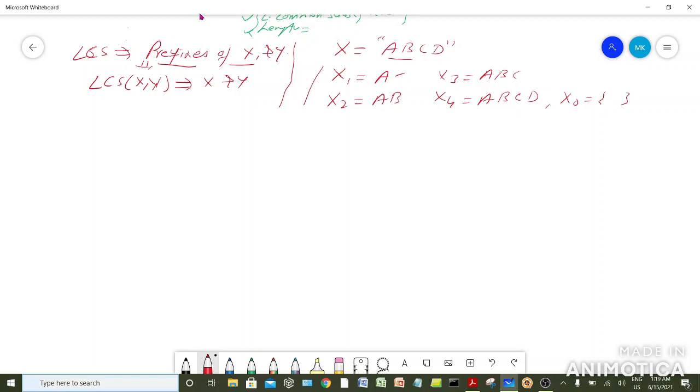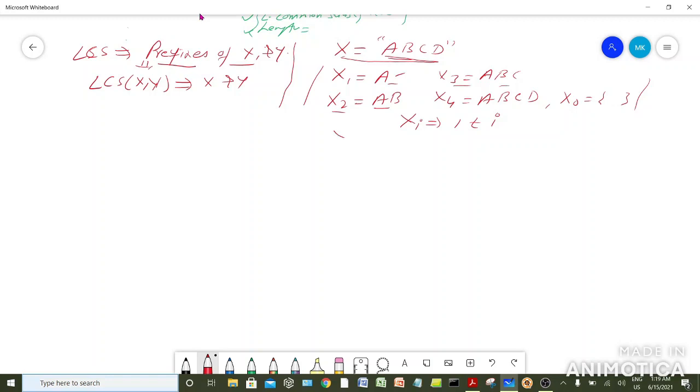So these all are the prefixes for your string ABCD, or you can say that Xi denotes the string starting from index 1 to index i. So X2 means starting from 1 ending at 2. So these are all the prefixes of X.